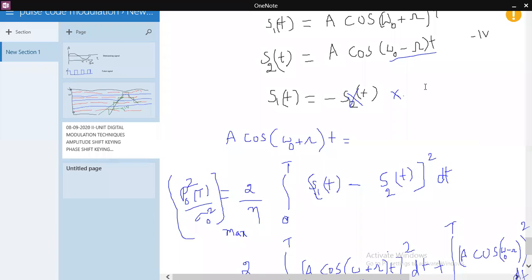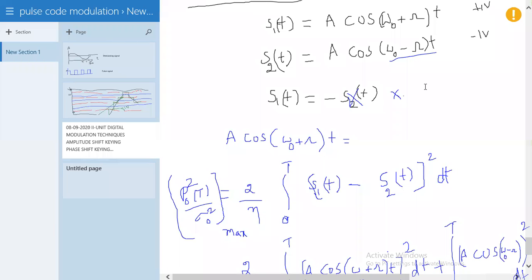Okay, for FSK, calculation of PE for BFSK, binary frequency shift keying. In BFSK, S1 of t equal to A into cos of (omega naught plus omega) t, and S2 of t is this one.